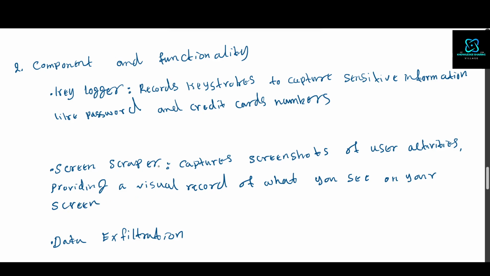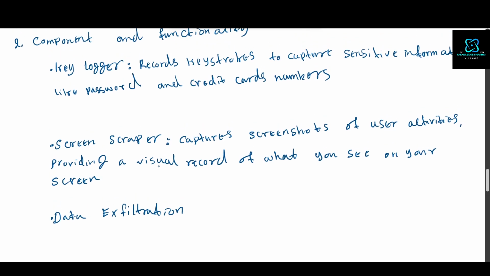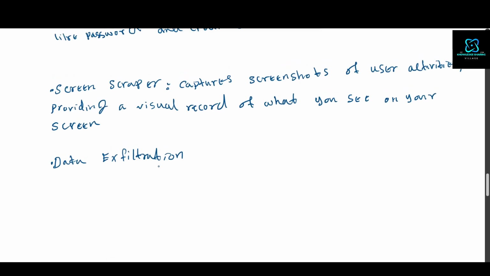Okay, the third key component, you may ask, after they have collected this information, what will they do? Then the third key component is data exfiltration. This is a mechanism in the malware, which is in our case spyware.